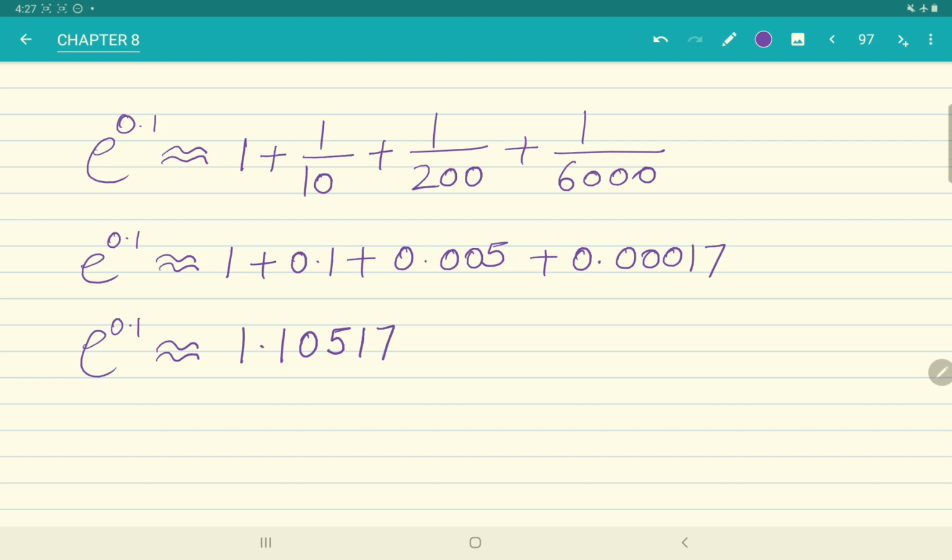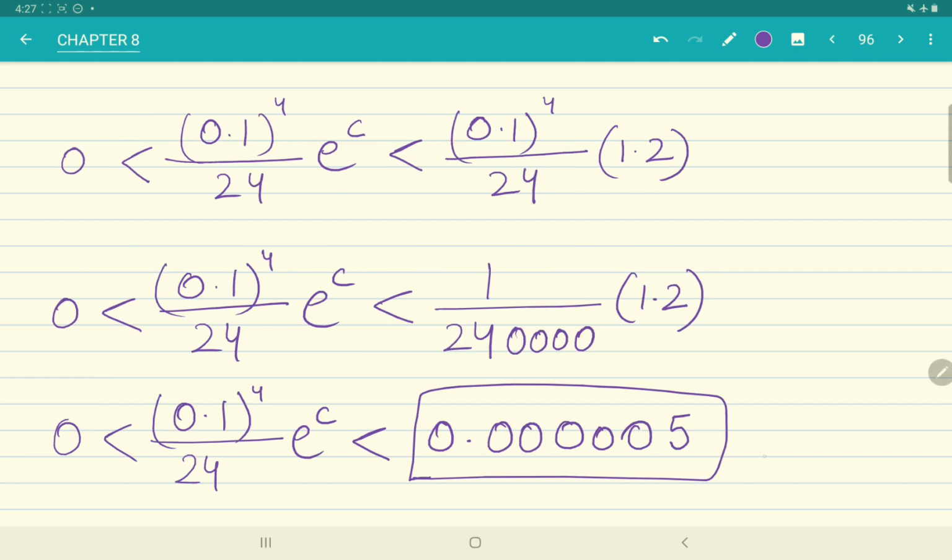Now this is accurate to 5 decimal places, and the error that results when we estimate e raised to the power 0.1 by this expression is less than 0.000005.